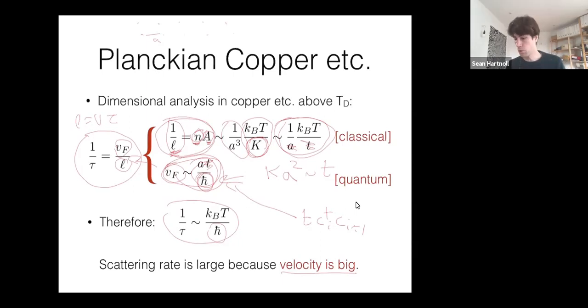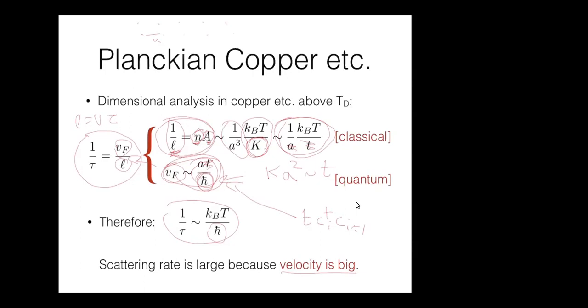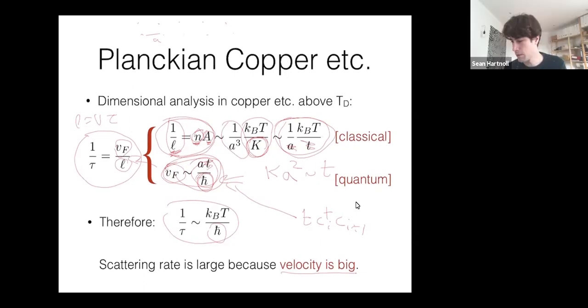Okay, so what would happen, for example, for non-degenerate electrons is that there are several things that could happen. But one thing that could happen is this velocity would be something like the square root of T over M. Because, for example, if I have just a classical ball, then its kinetic energy, by equipartition, is kBT.